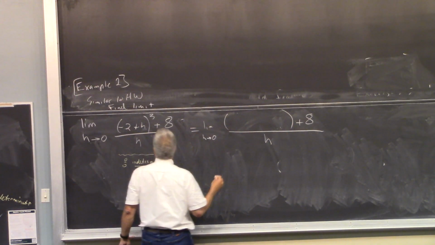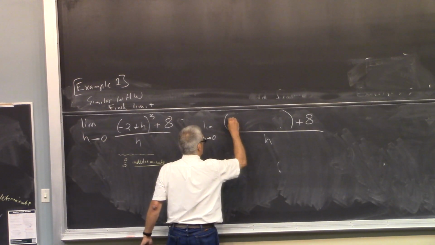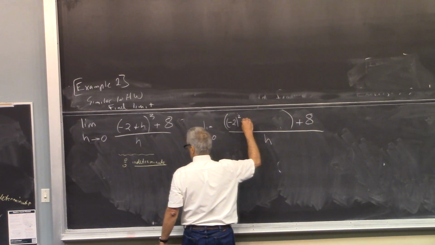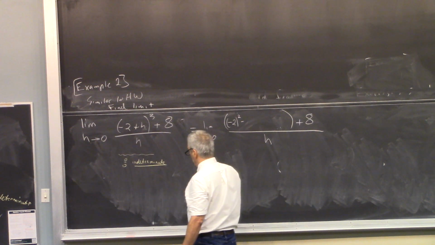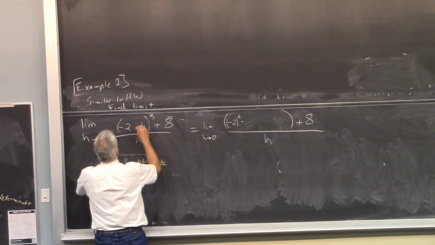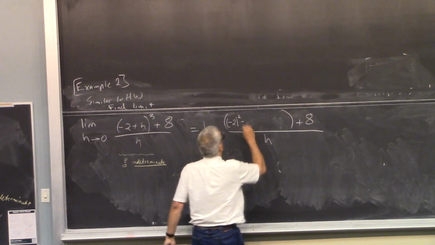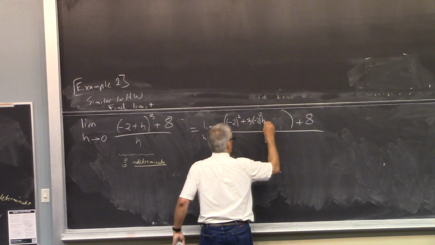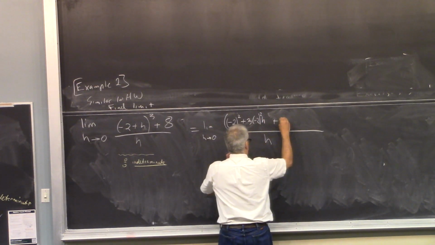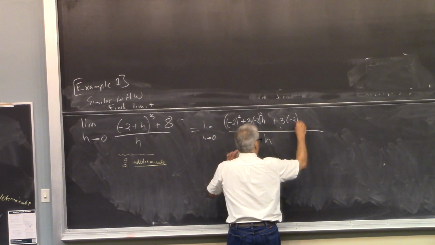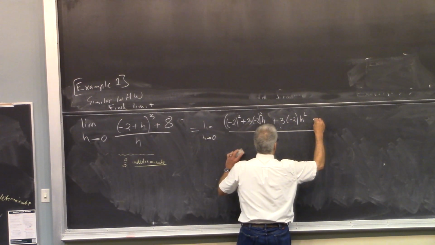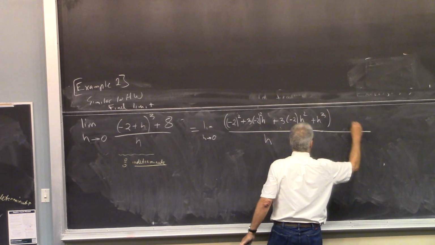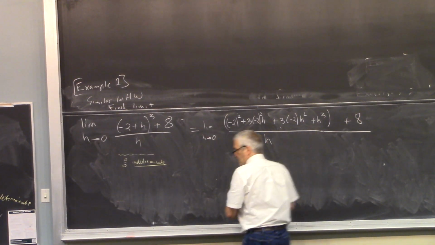I'm pretty sure it's minus 2 cubed, plus 3 times minus 2 squared times h, plus 3 times minus 2 times h squared, and then plus h cubed. And then there's a plus 8 out here. Again, I wouldn't trust me on this.